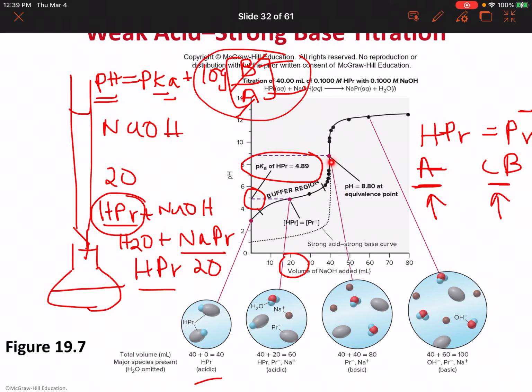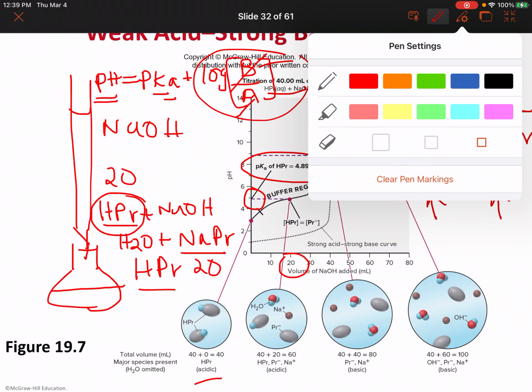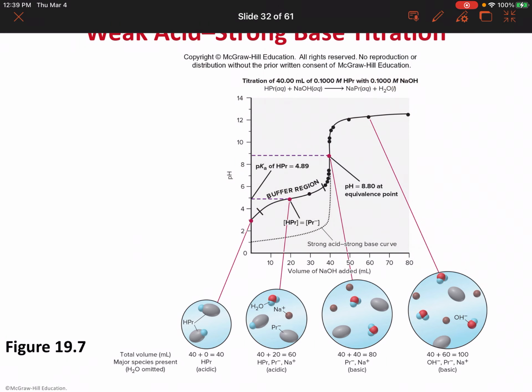Why do we get a pH higher than 7 when you do a weak acid strong base titration? Let's look at the reason behind that. I'm going to go ahead and erase all the pen markings. Remember what happened.